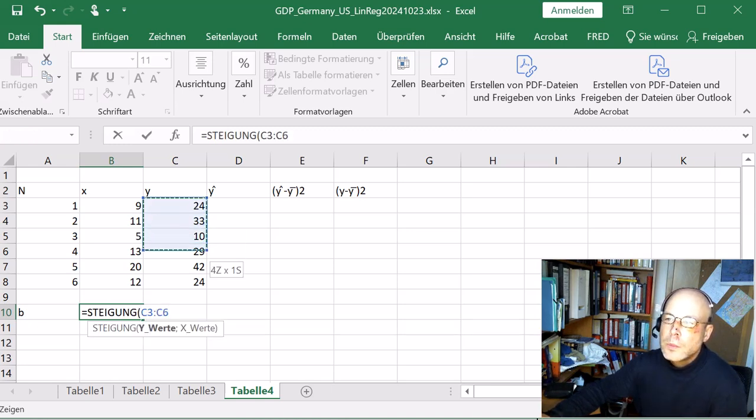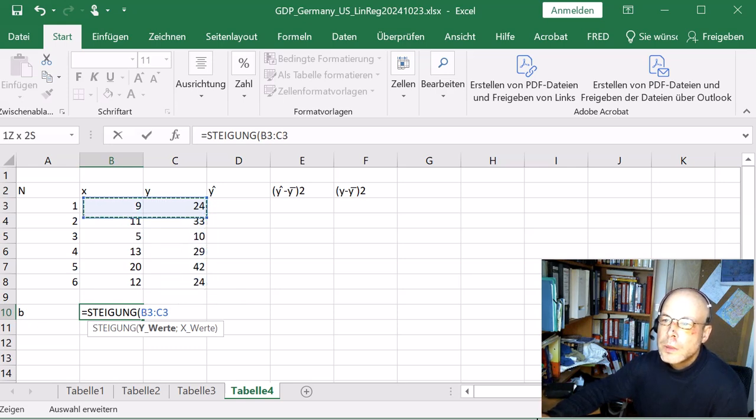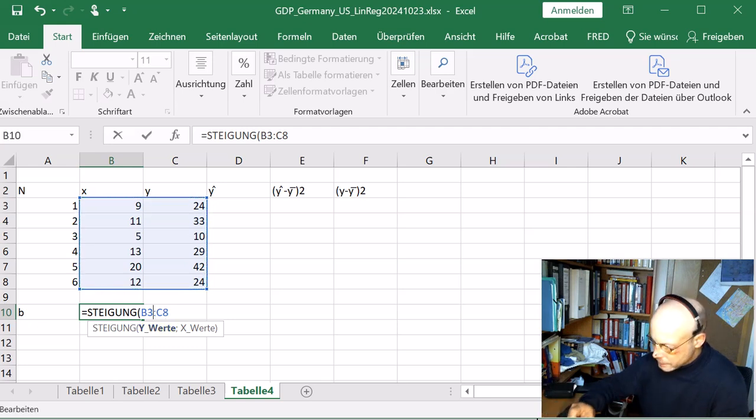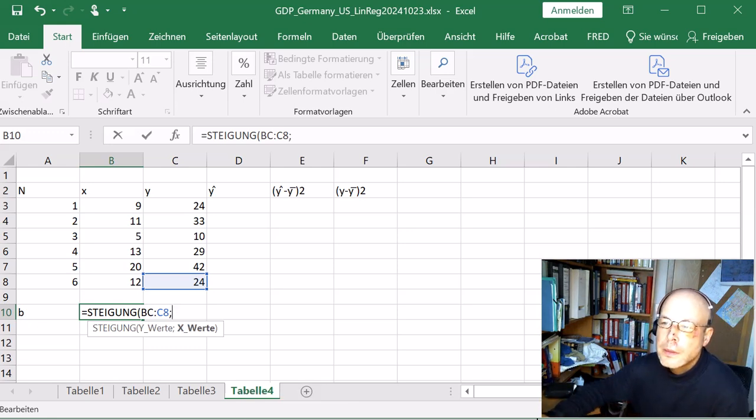So first one y, and second one, oops, this is too much. Again, there we have to have C and a semicolon. Oops, the shift was on.